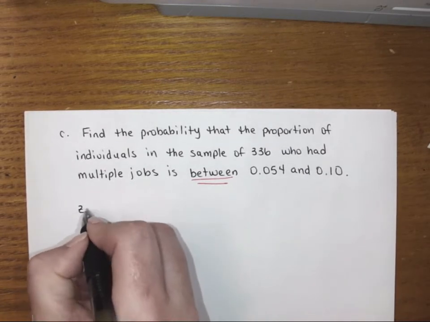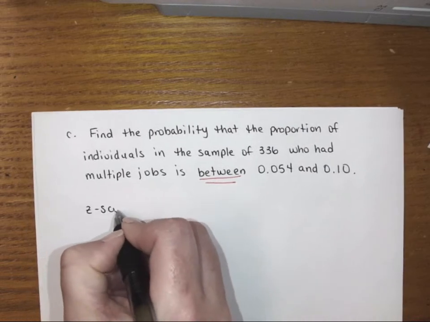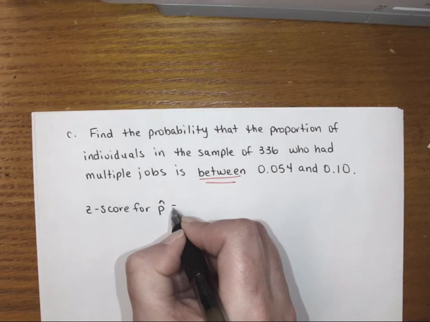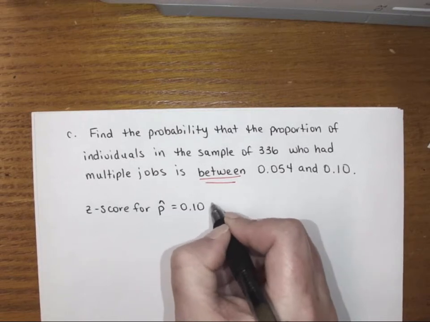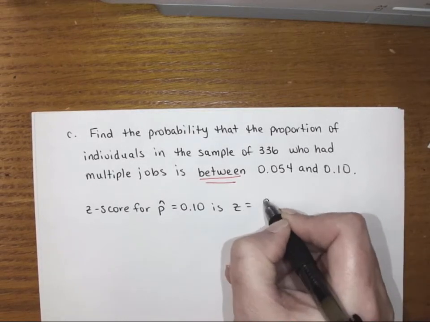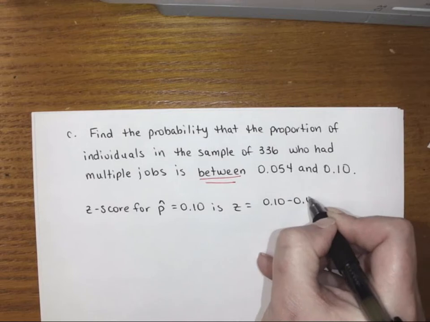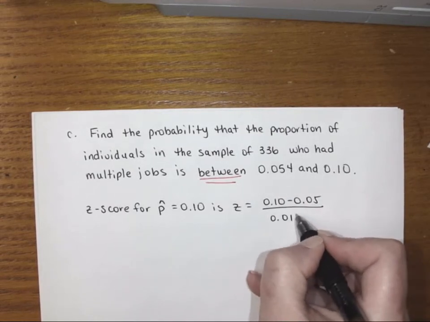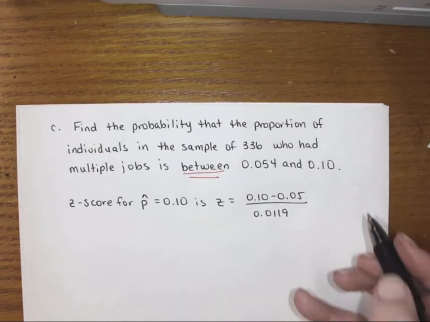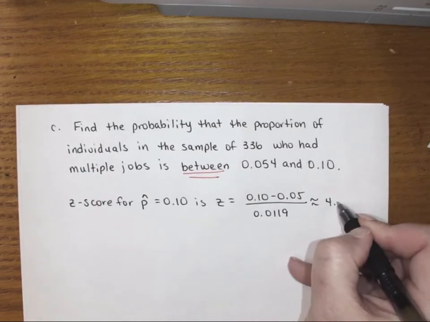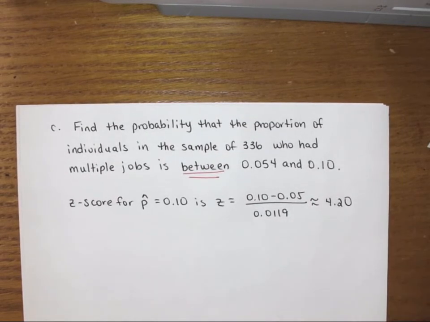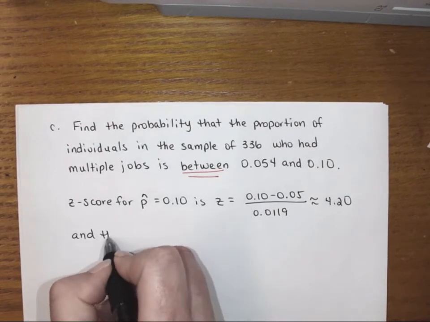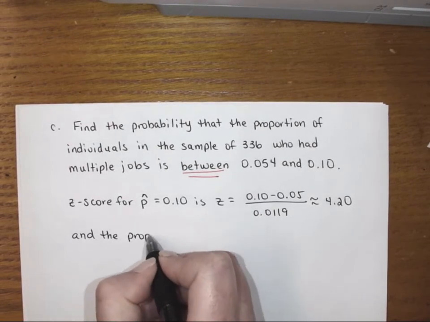Okay, so first let's go for a z-score for p hat equaling 0.10. So remember, z-score, value minus average over standard deviation. Okay, notice we get 4.20. So let's talk about what the proportion for this one would be.